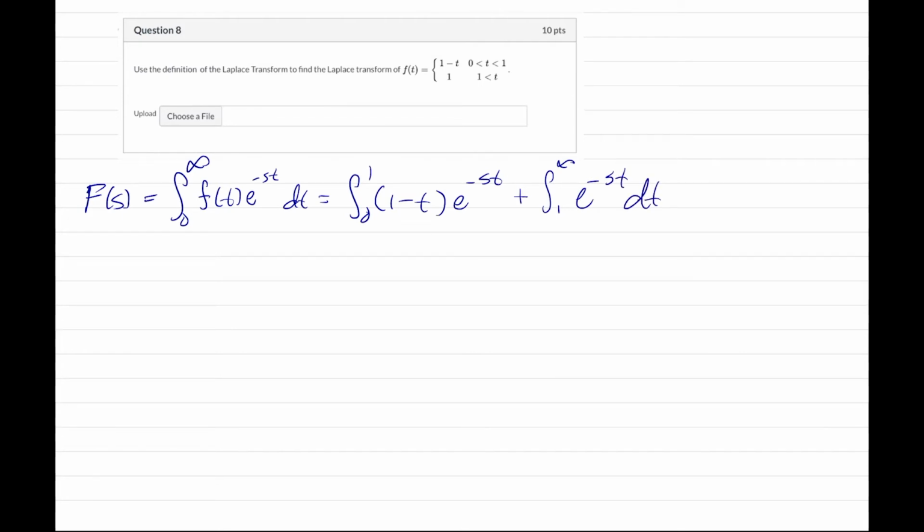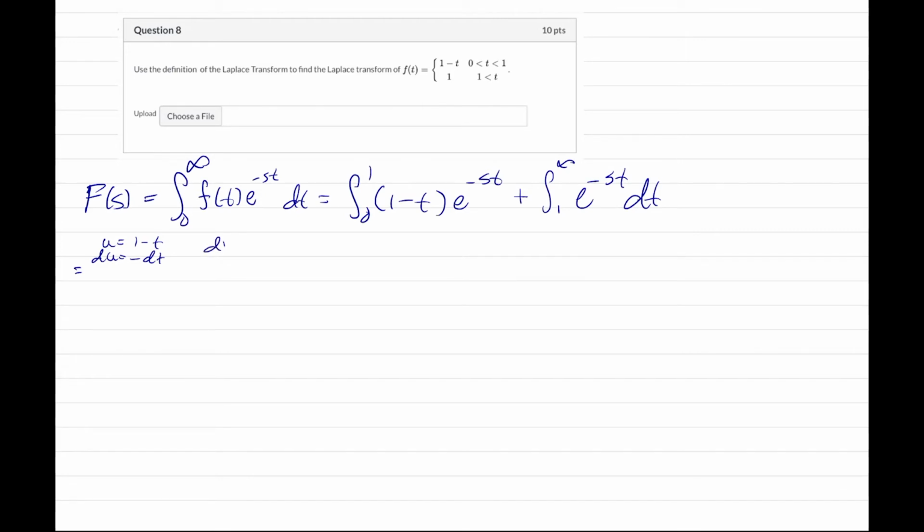Okay, so the first bit is integration by parts, if you like. And in fact, let's do integration by parts. Okay, so we're going to have u is equal to 1 minus t, and that gives me a du is equal to minus dt.